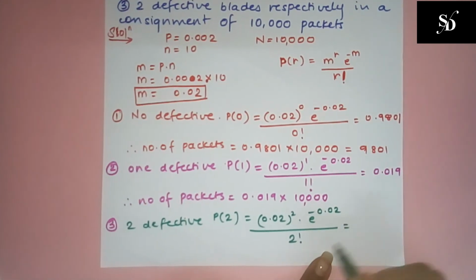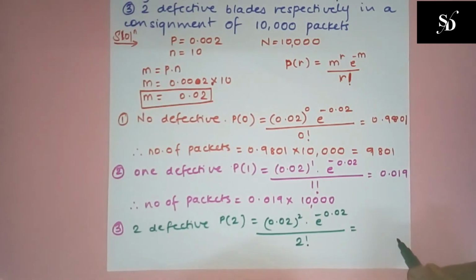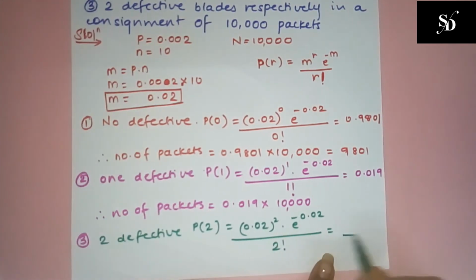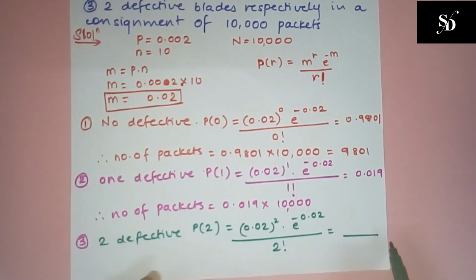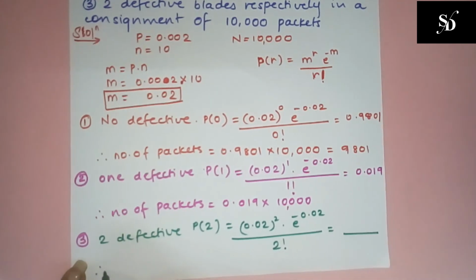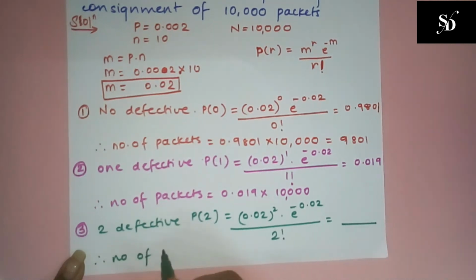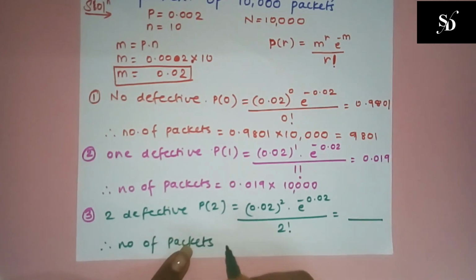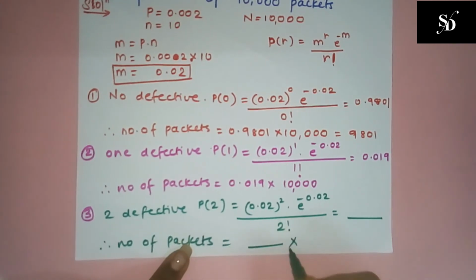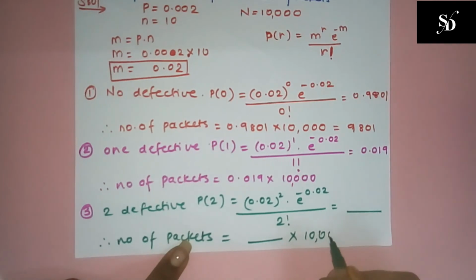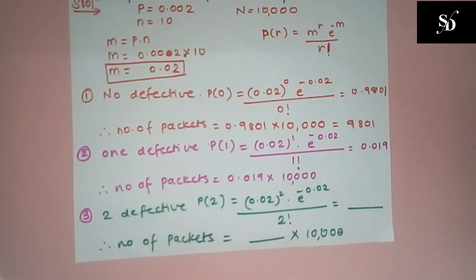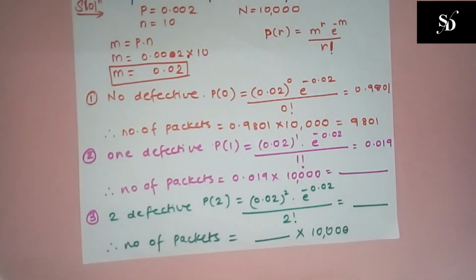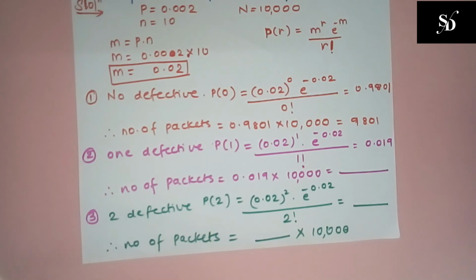You can solve this in the calculator, I'm leaving the answer for you to write. And the last thing you have to do is the number of packets is equal to whatever the answer comes, into 10,000. Now this is the final answer. You just have to put the values in the calculator and you can try it once.